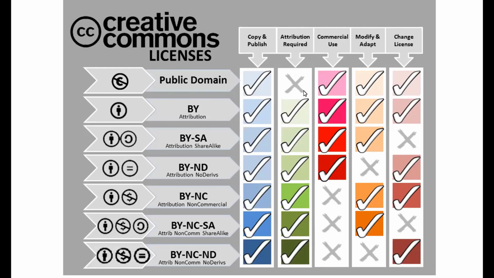And even though in the public domain, it's not required that you do that, it is good to actually do it. And you see which licenses you can use for commercial use, which ones you can modify and adapt, and which ones you can change the license and republish that remix resource under a different license.